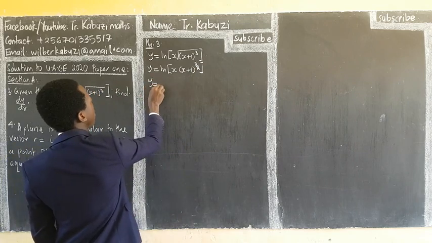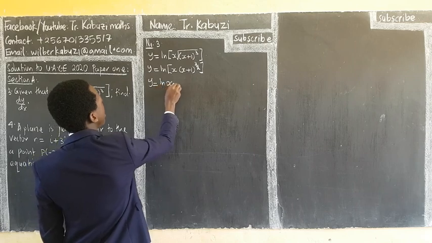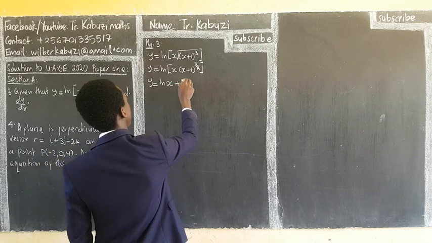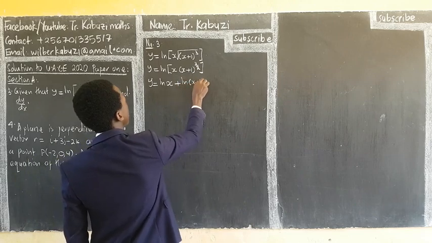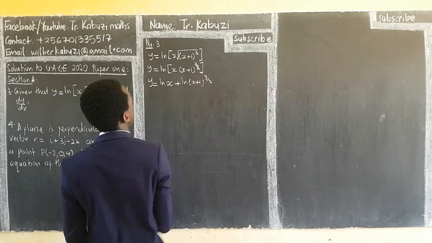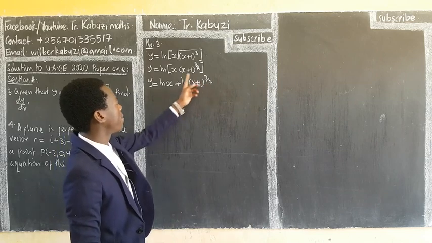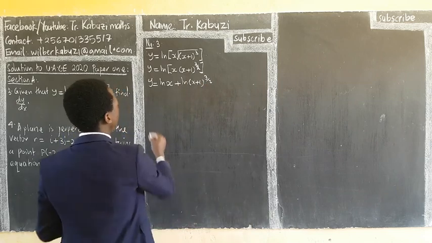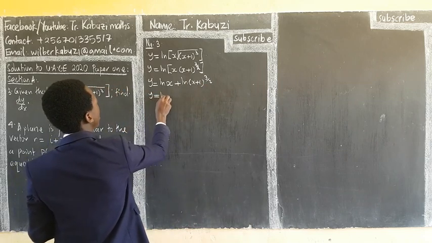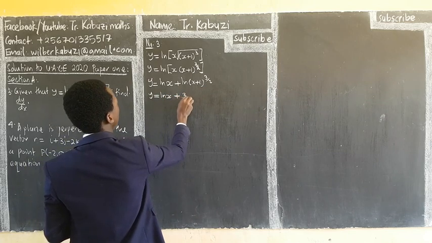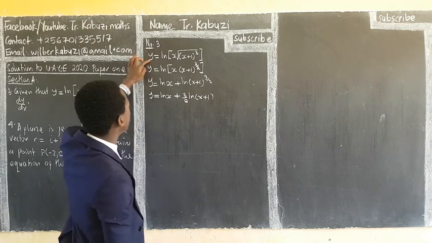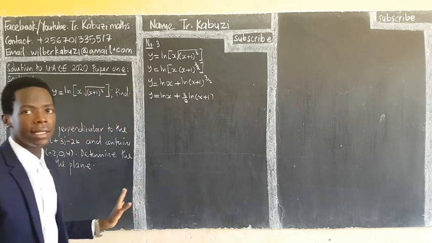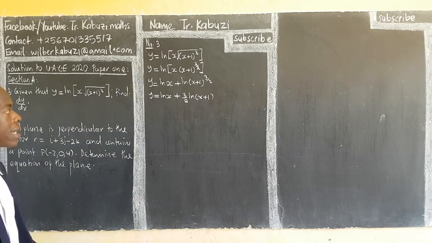So y will be natural log of x, plus natural log of (x plus 1) power 3 over 2, which you can see this power is going to come here. Then this will be natural log of x plus 3 over 2 natural log of (x plus 1). So from this step, you have come to this step directly. It is very okay, you will get all your marks.